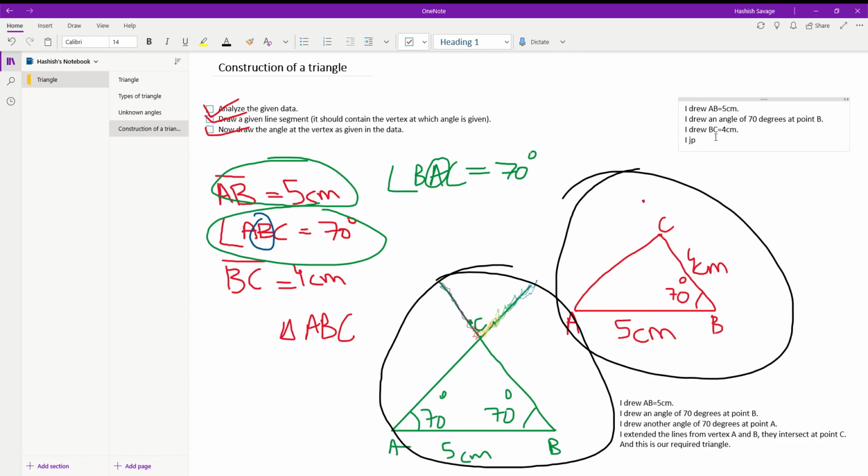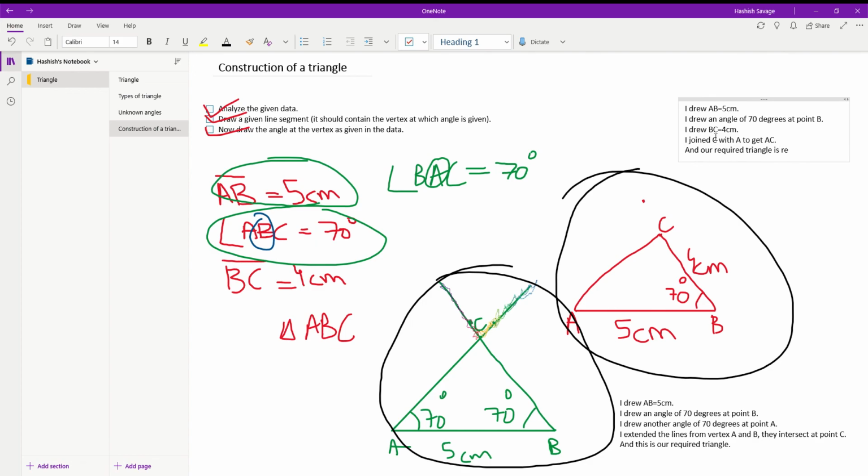I joined C with A to get AC, and our required triangle is ready.